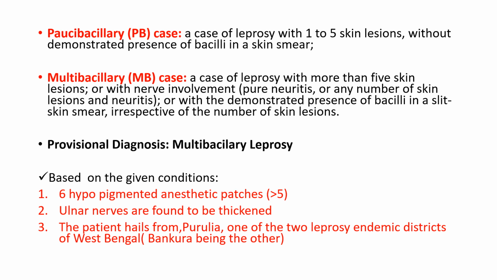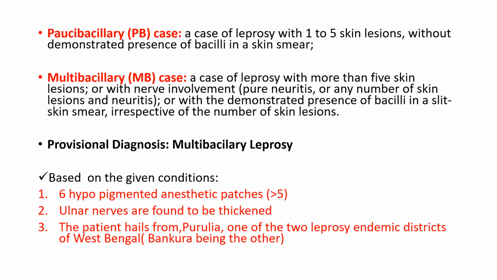Often categorizing this is a challenging issue, but usually the guideline followed is that a case of leprosy with 1 to 5 skin lesions without a demonstrated presence of bacilli in a skin smear is taken as paucibacillary. Whereas a multibacillary case has more than 5 skin lesions, or nerve involvement, which may be purely neuritis or any number of skin lesions with neuritis, or demonstrated presence of bacilli in a slit skin smear irrespective of the number of skin lesions.